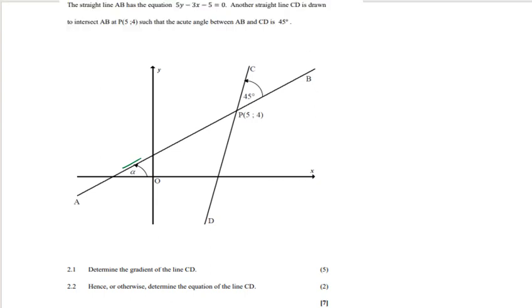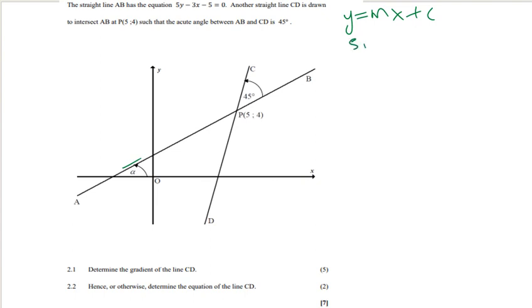But first of all, remember this is the standard form that we know about the straight line. This is the standard form of the equation of a straight line. So here we're given 5y minus 3x minus 5 equal to 0. Let me write that here.